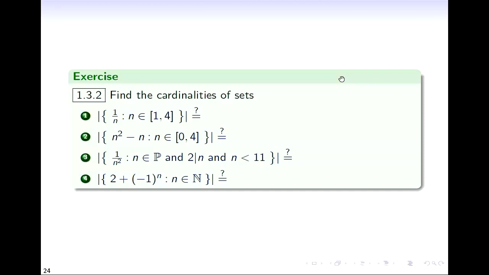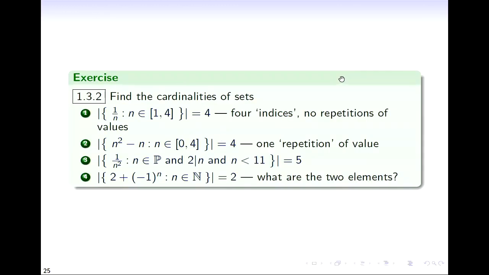This was the last exercise we looked at yesterday, and we answered all the questions. This was our answers in example number 2. There is one repetition of values, so even though the interval from 0 to 4 has 5 elements, what is defined in this set is only 4 elements.